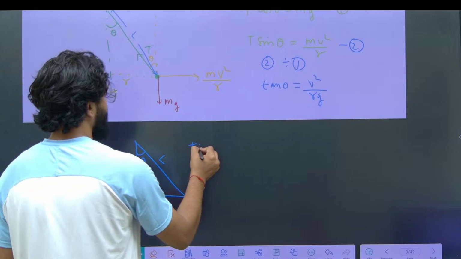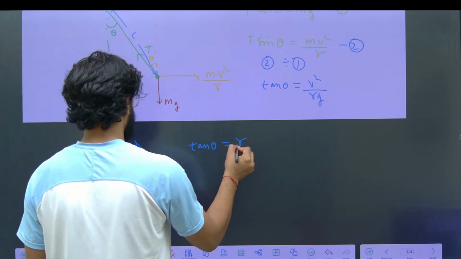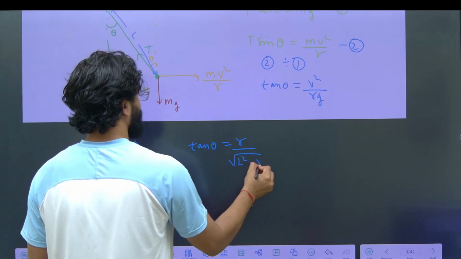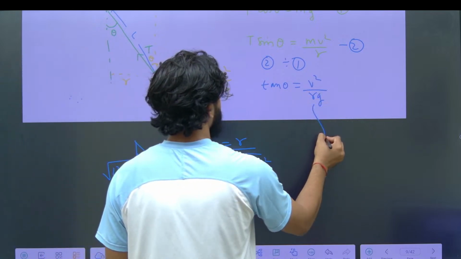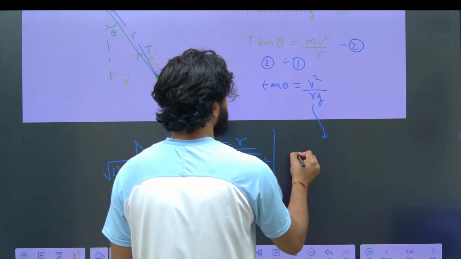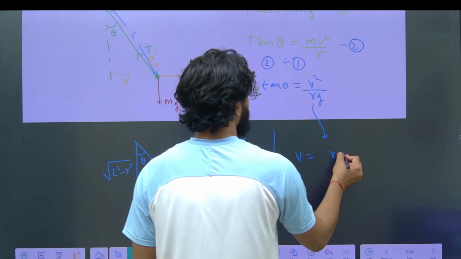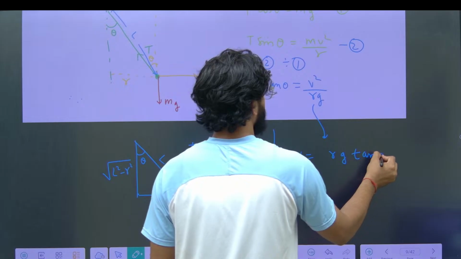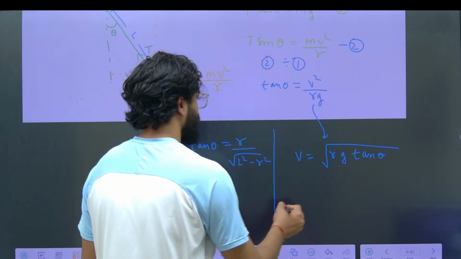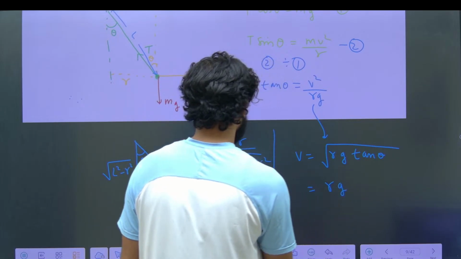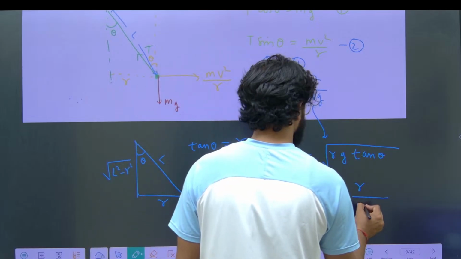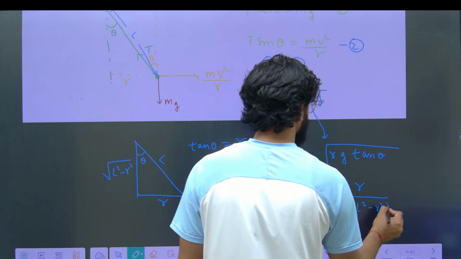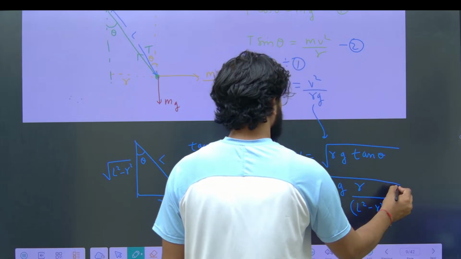So clearly tan theta from here, it is r upon under root L square minus r square. So velocity, we can write it as v equals to root of rg tan theta. Yes, so it will be rg, and tan theta is r upon L square minus r square to the power 1 by 2, and root over it.